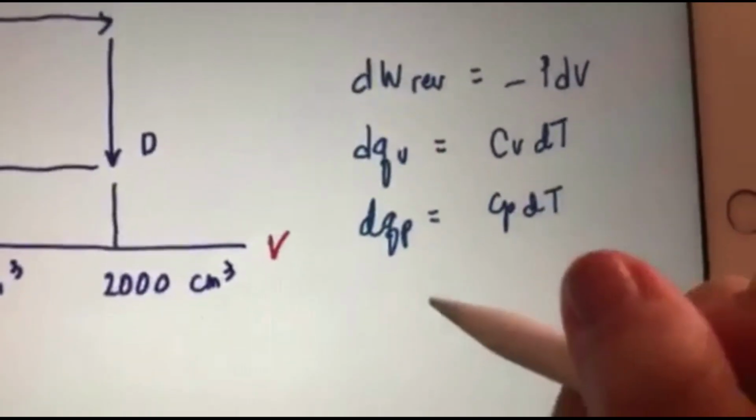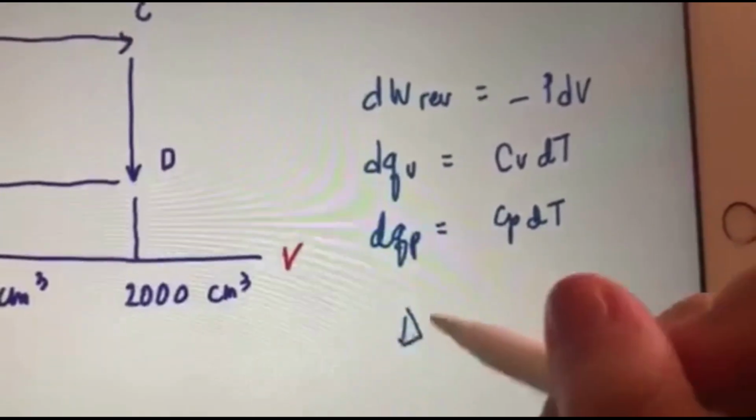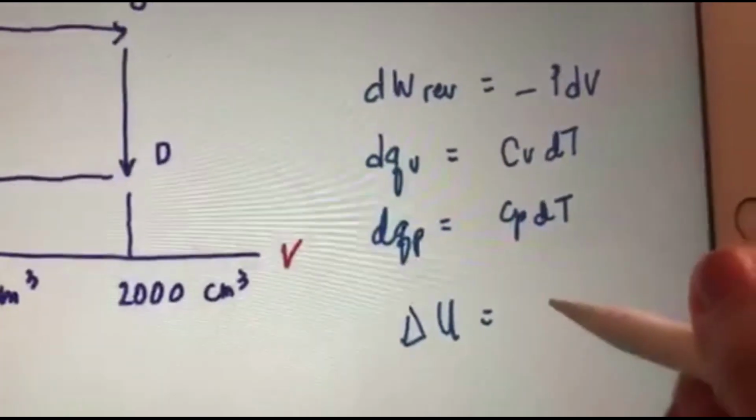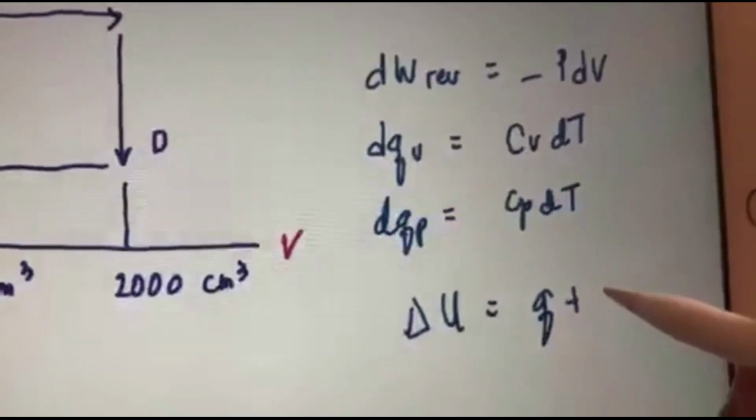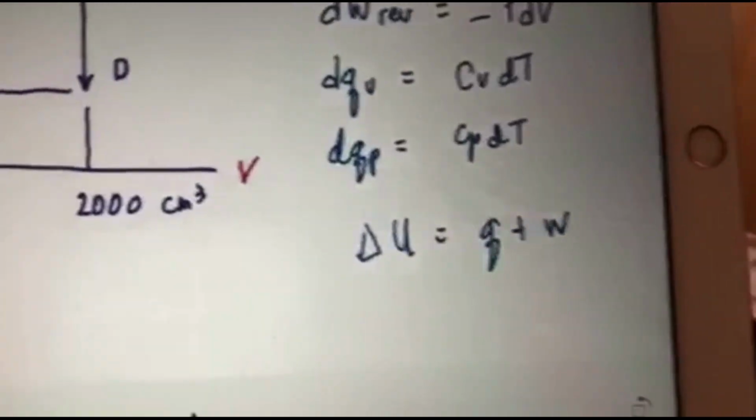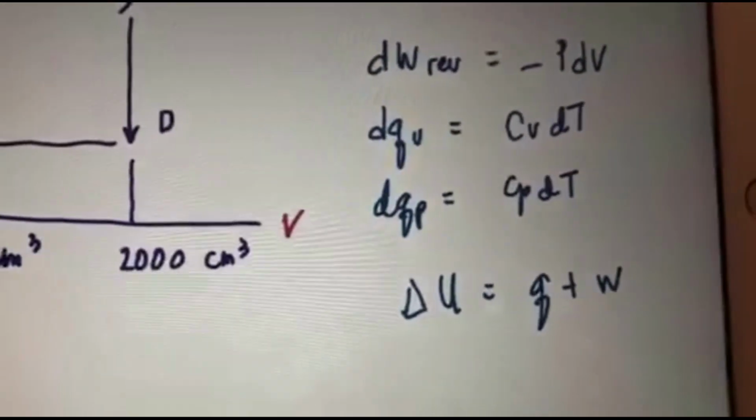And applying the first law of thermodynamics, delta U is equal to Q plus W, we can now solve for delta U.